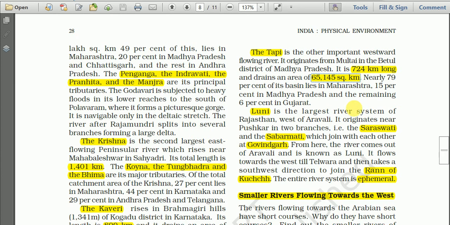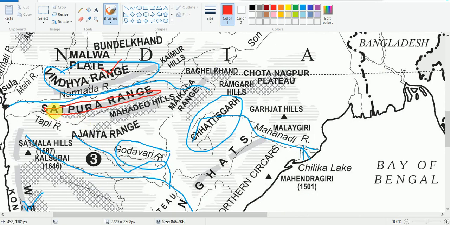Nearly 79% of its basin lies in Maharashtra, 15% lies in Madhya Pradesh, and the remaining 6% in Gujarat. So this is about the Tapi River, and the Tapi River is here.